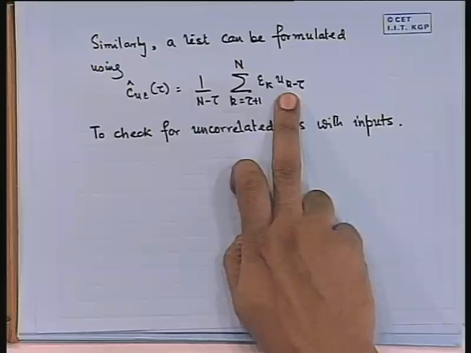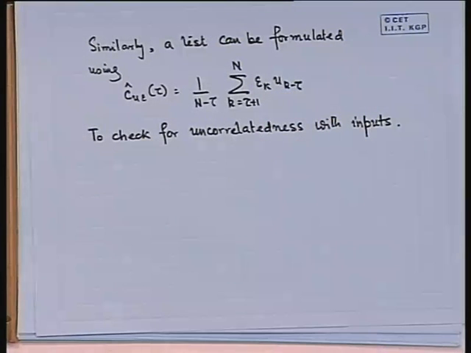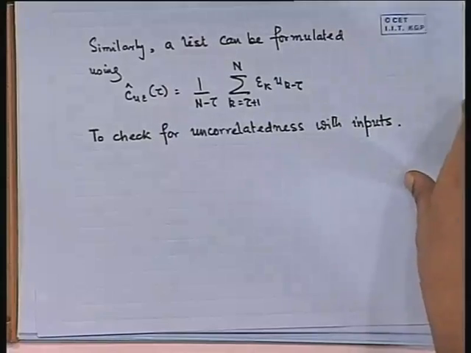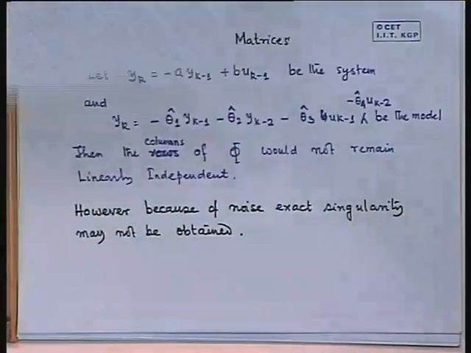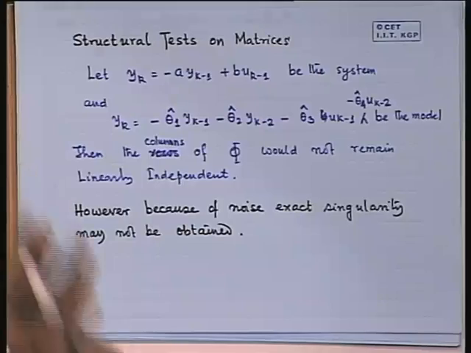So you could also formulate something like epsilon_k u_{k-tau}, and then again formulate a suitable statistic such that this will follow a particular distribution, and then check with hypothesis testing. This is a general approach which is followed in checking, very much used in model order checking.